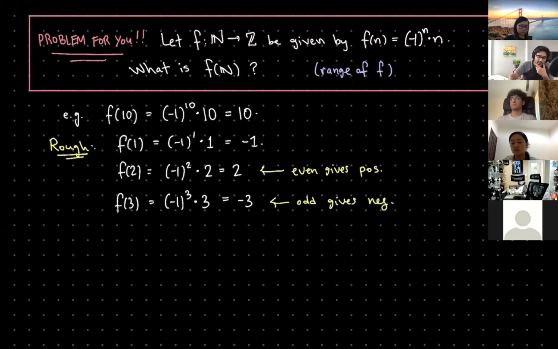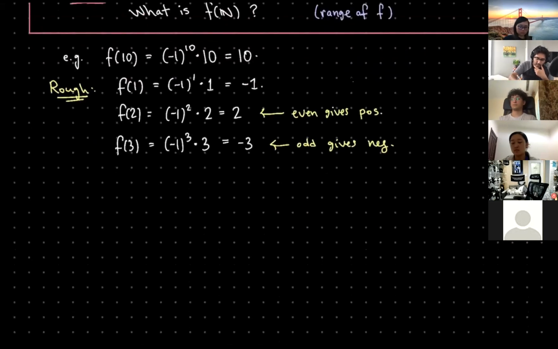Then I ask myself, is f of n equals negative 2 possible? That just means, is negative 2 in the range?